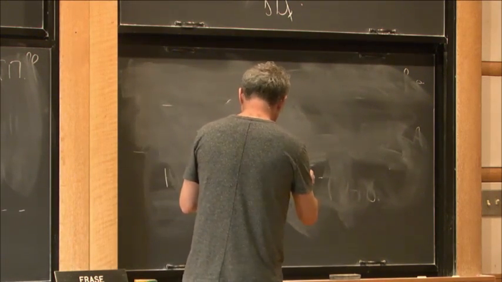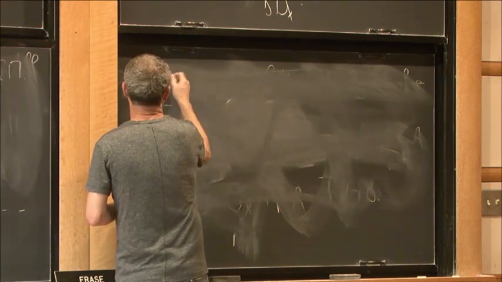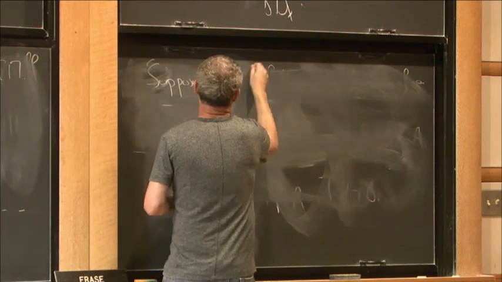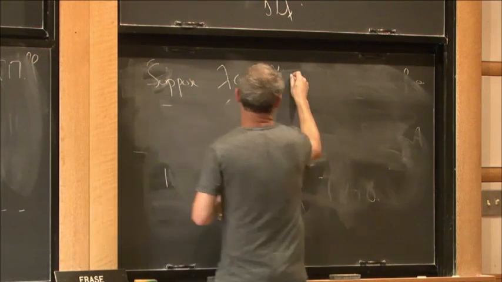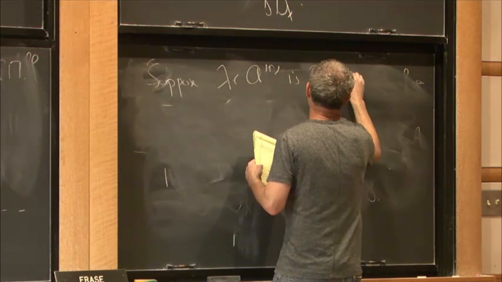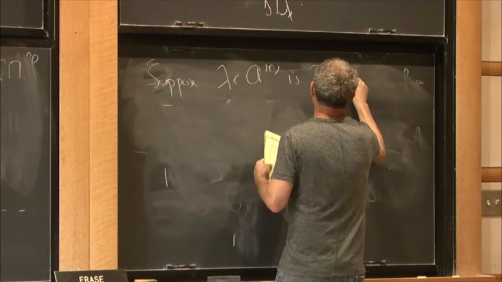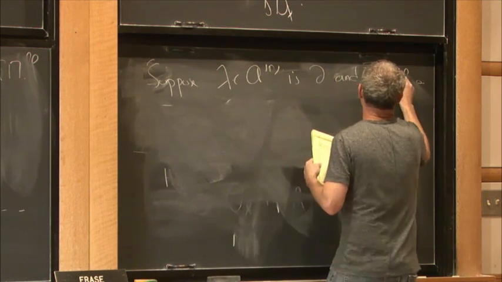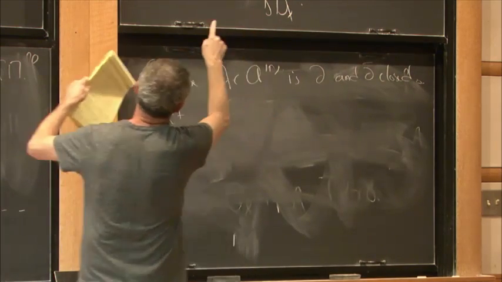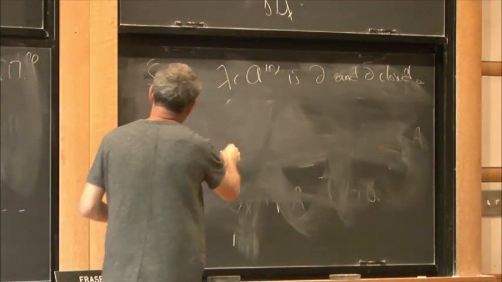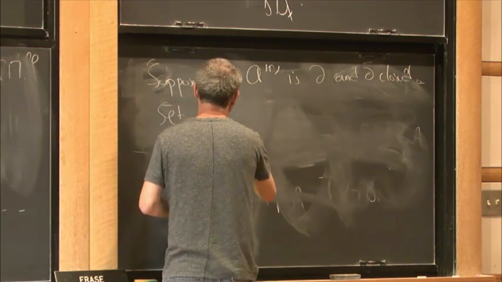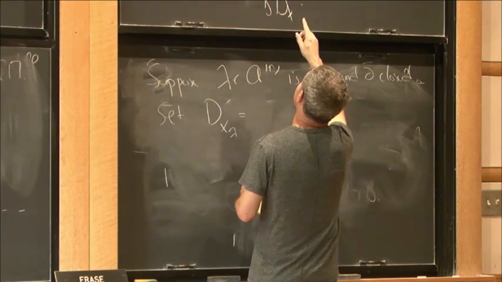Let's suppose lambda in A1,1 is both d and d bar closed. Then it gives a class in here, because you could put lambda, 0. So let's put d x lambda equal to the twisted d module corresponding to lambda, 0.